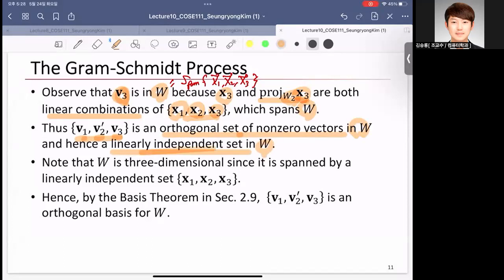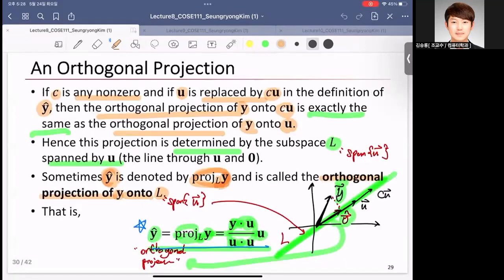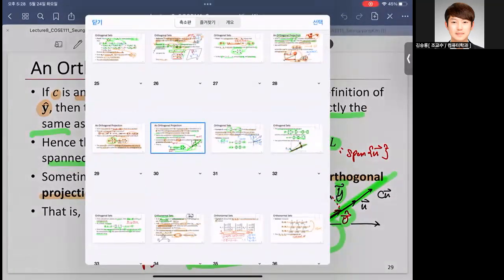Orthogonal set과 linear independent는 equivalent 했죠? Note that subspace W is three-dimensional, since it is spanned by the linearly independent set x1, x2, and x3. 그렇죠? We already discussed dimension.